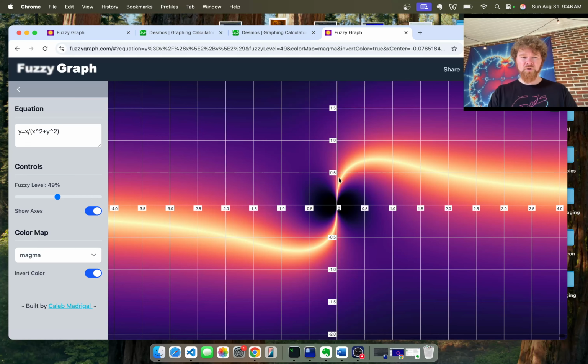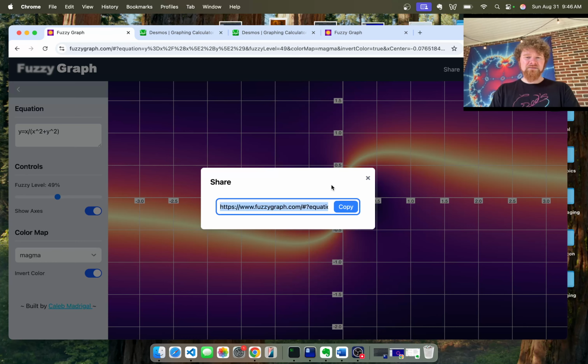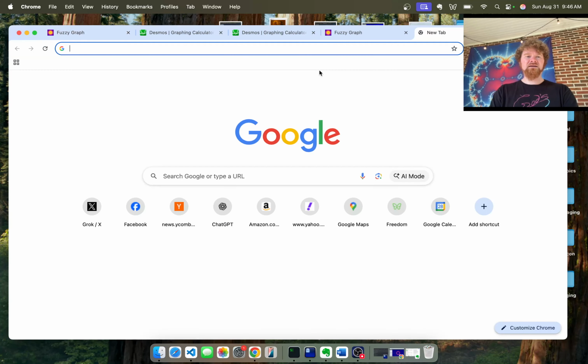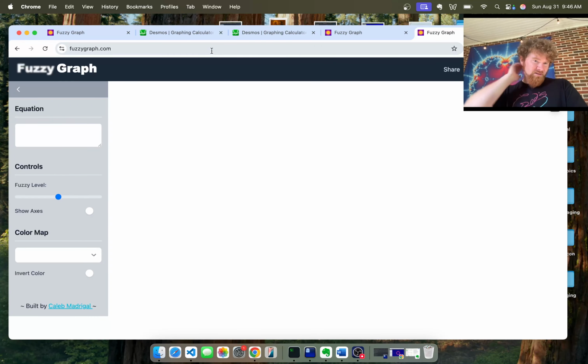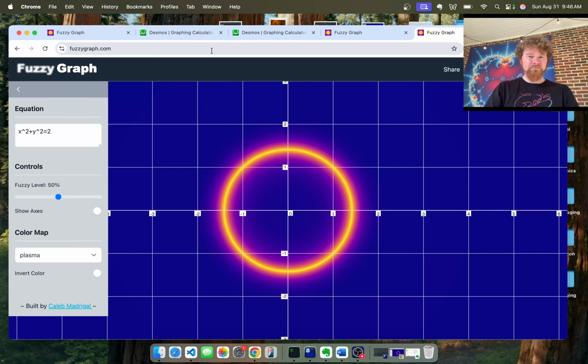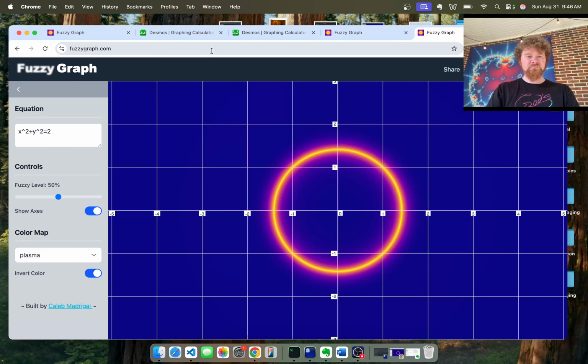tablets, all of that. Additionally, something I want to share is that if we just go to fuzzygraph.com normally, so FuzzyGraph, it's not spying on you.